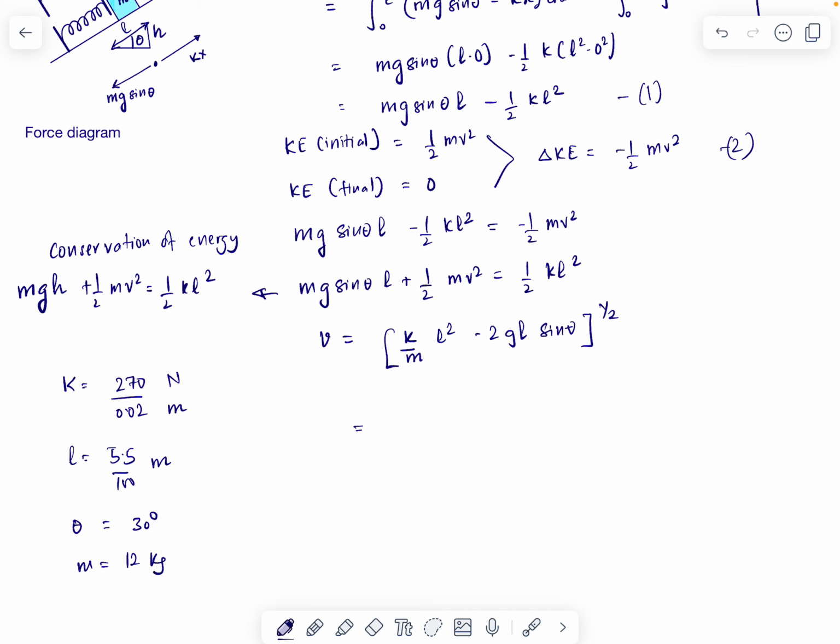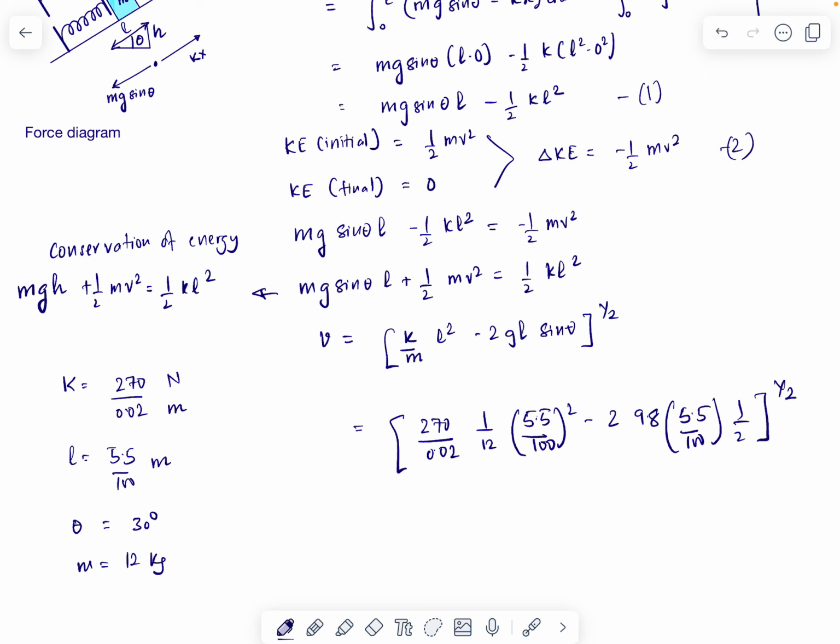So we substitute that. We get 270 divided by 0.02 times 1 over 12, that is the mass in kilograms, times (5.5 divided by 100) squared, minus 2 times g, which is 9.8 meters per second square, times the length, 5.5 divided by 100, times sine theta, which is half, because theta is 30 degrees.